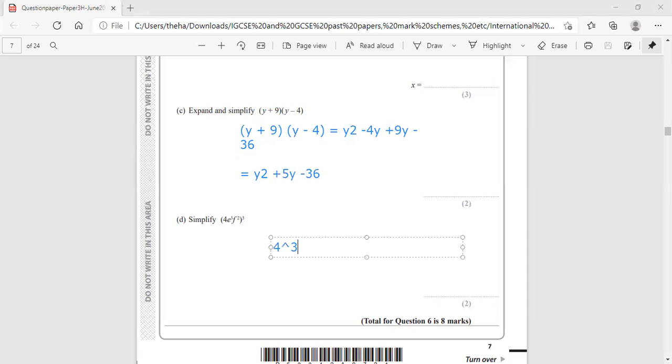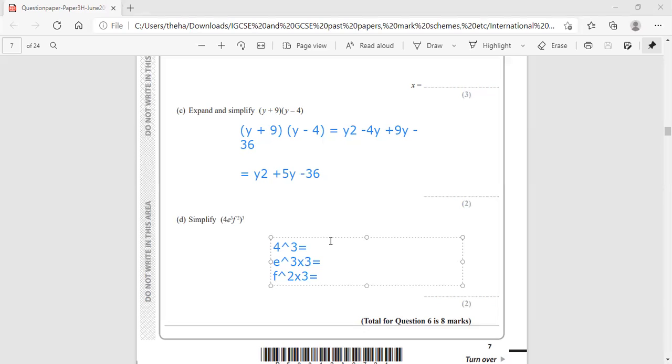We're going to do this as 3 different problems and then put them next to each other. So we've got 4 cubed, then e cubed, and we have to cube that as well, so e cubed times 3 because we're multiplying. And then we've also got f to the power of 2, and we multiply that by 3 as well, because we're cubing the whole thing.